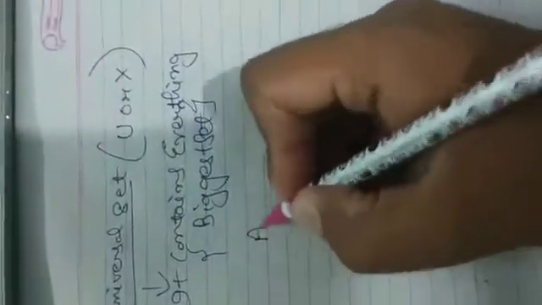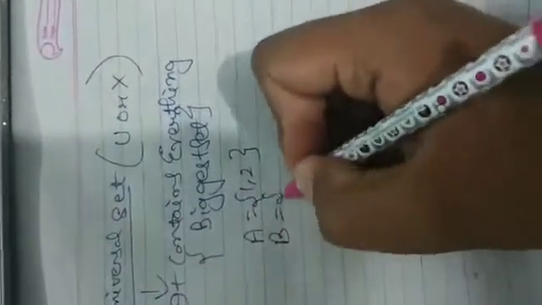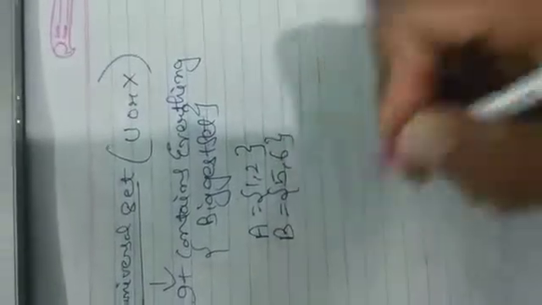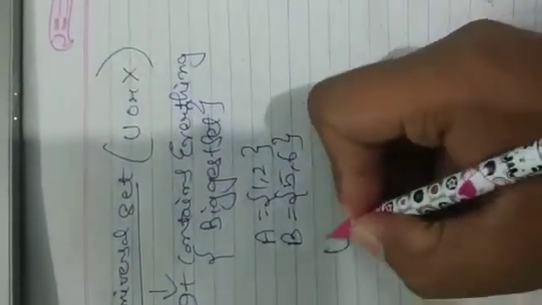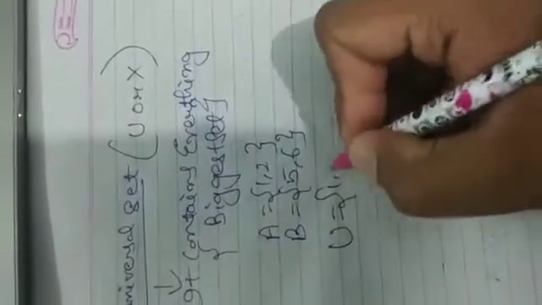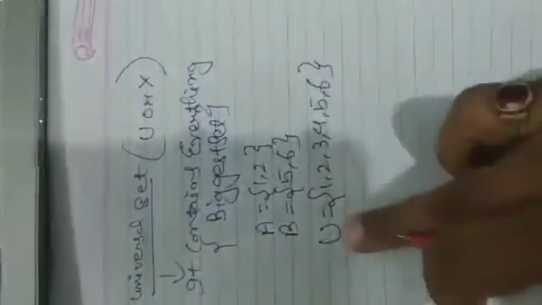Now we have one set A which is {1, 2}, and one set B which is {5, 6}. If we want to find the universal set, U will be 1, 2, 3, 4, 5, 6. Let's say we have taken 1, 2, 3, 4, 5, 6 as the universal set.